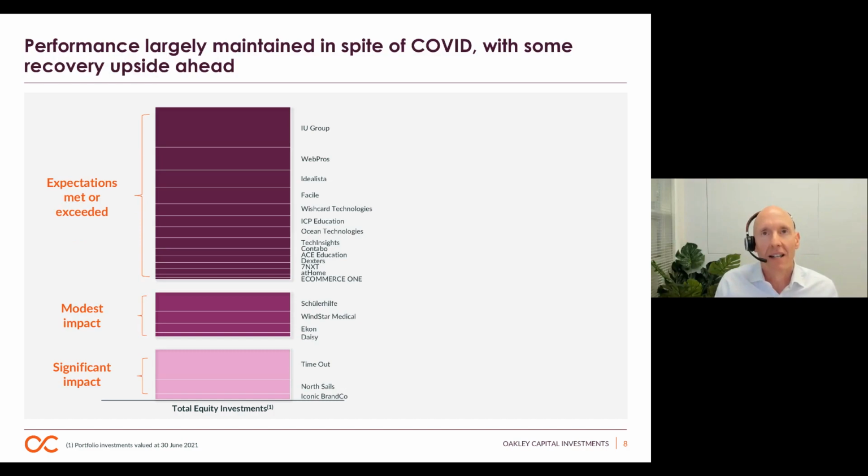Here we've just outlined the impact of COVID on the portfolio. It's more to outline there has been some impact. I mean, clearly the performance shows that by nature, by being very digital and focused, you would expect us to have continued to perform regardless of lockdowns and the circumstances of the last 12 to 18 months. But there has been some impact. It's been fairly modest in the case of the four companies there, Schuler Hilfer, Windstar, Econ, and Daisy.